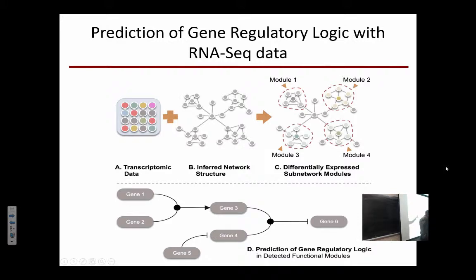When you put these together, you can create subnetworks of differentially expressed genes which might be correlated to one another. Then you can analyze each subnetwork module to find how different genes are interacting with one another and what downstream effects that might have on other genes.